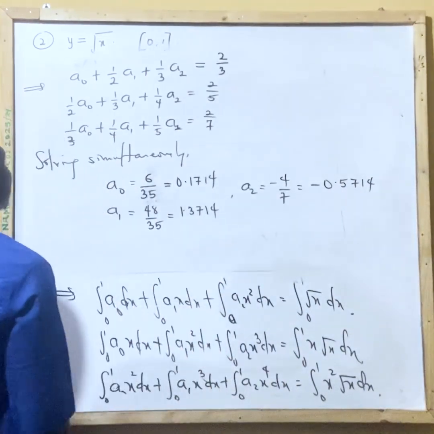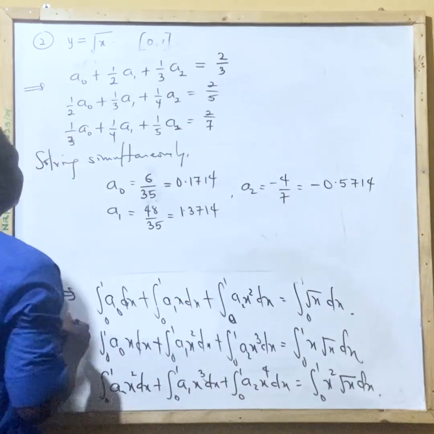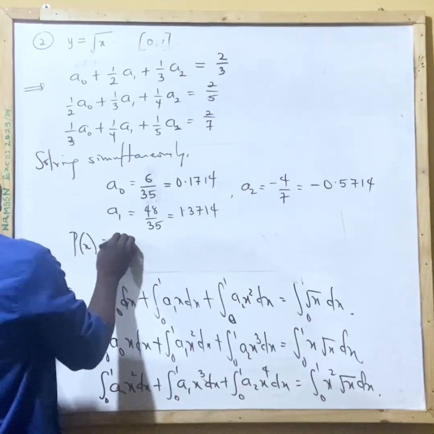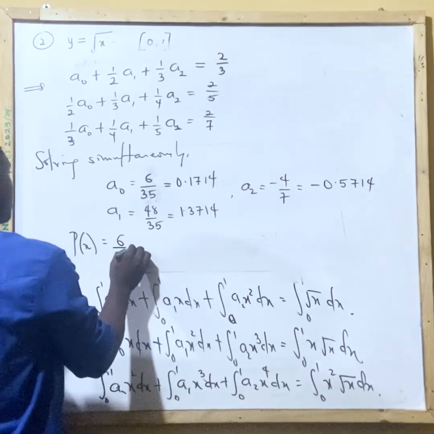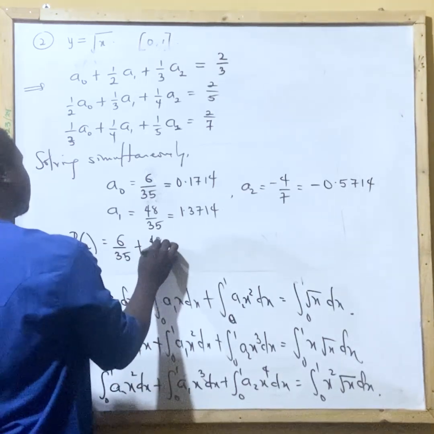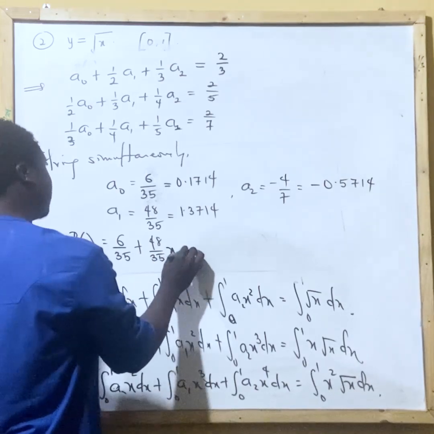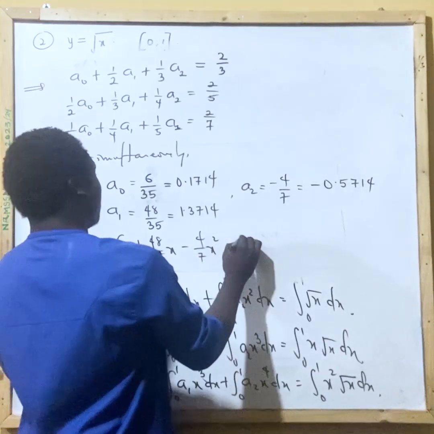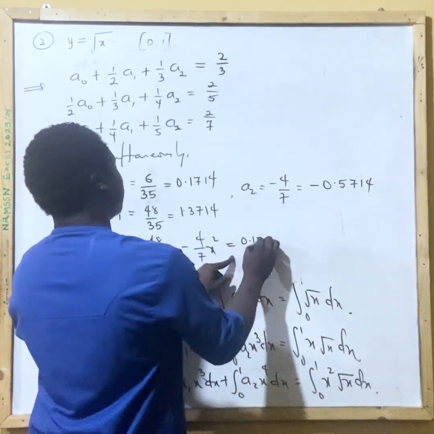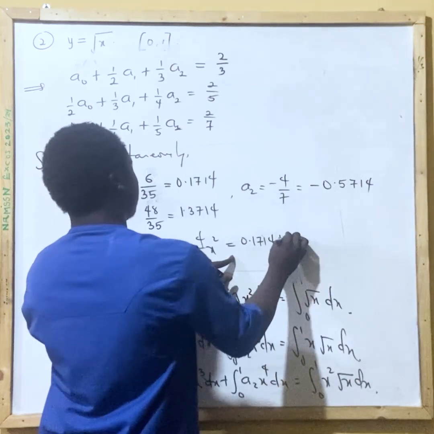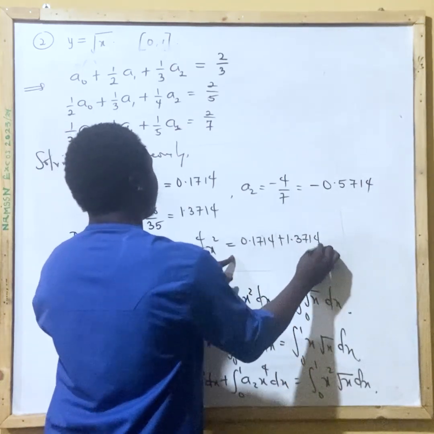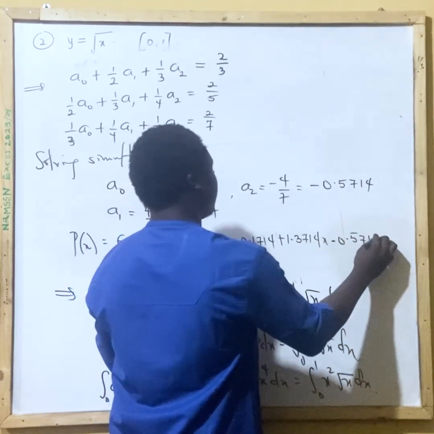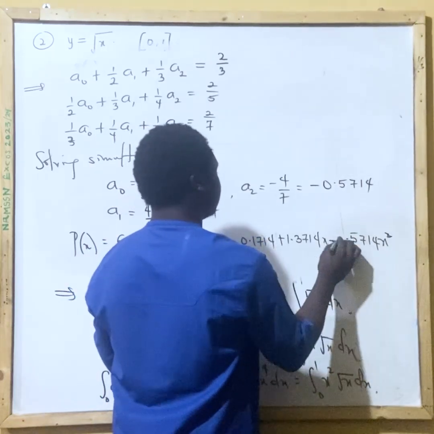So the polynomial that approximates this function is p of x equal to 6 over 35 plus 48 over 35 x minus 4 over 7 x squared, or 0.1714 plus 1.3714 x minus 0.5714 x squared in decimal.